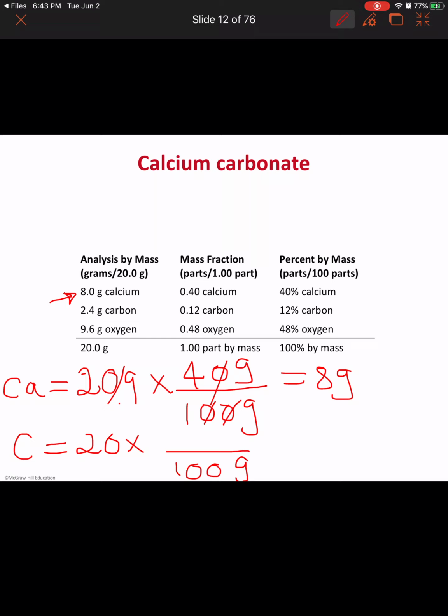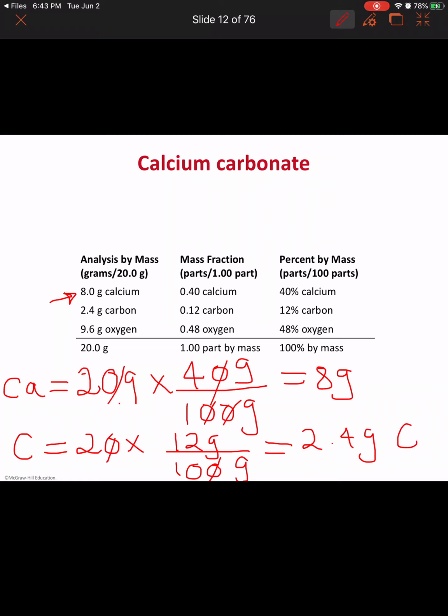You have 12 gram carbon, and 12 is the molar mass of carbon, 100 is the molar mass of calcium carbonate. So this 0 can get cancelled. 24 over 10, that is 2.4 grams carbon.